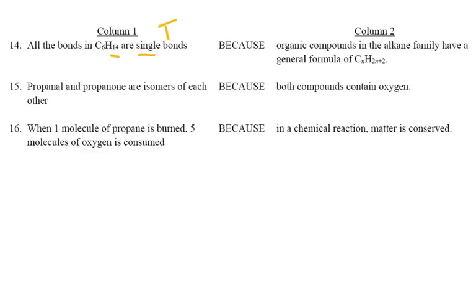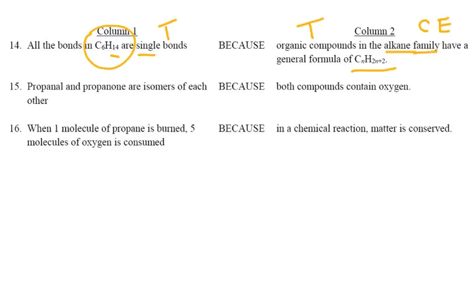Now that is definitely true. So we can also say, yeah, this is a correct explanation, because the alkane family is characterized by having all single bonds, and it does fit that formula, CnH2n plus 2. So since we know that C6H14 is an alkane, then we know, yes, it has all single bonds.